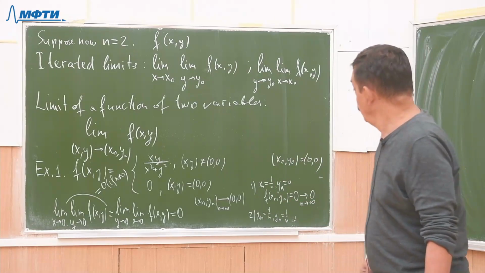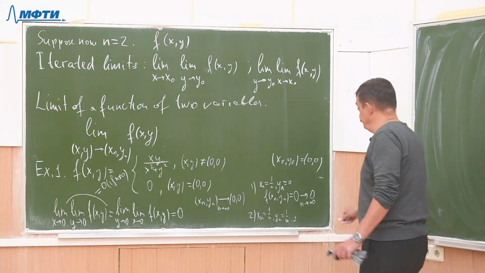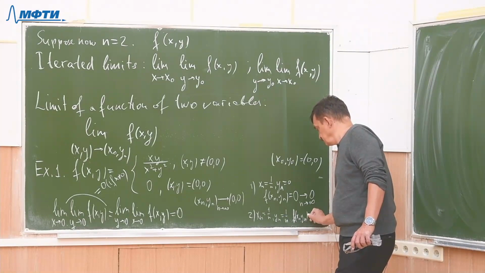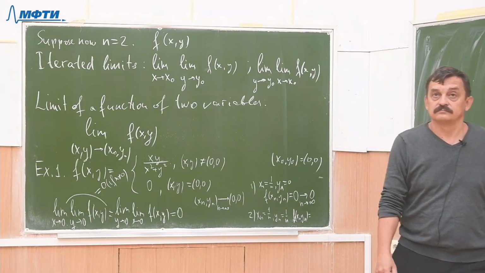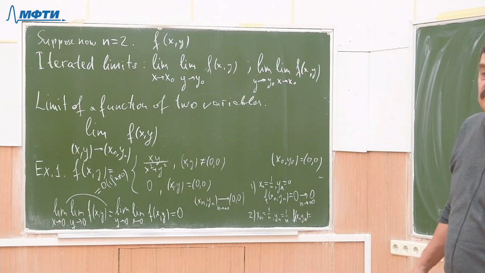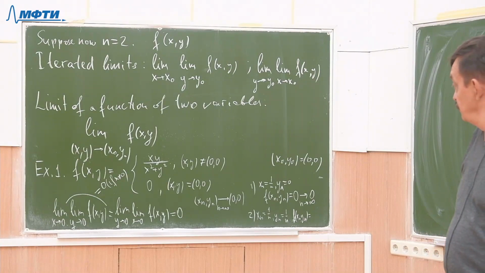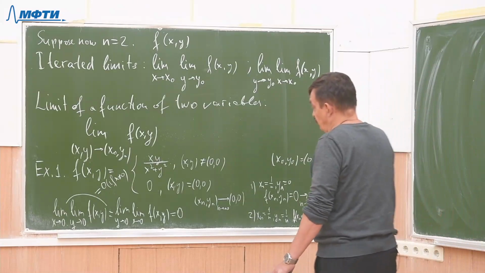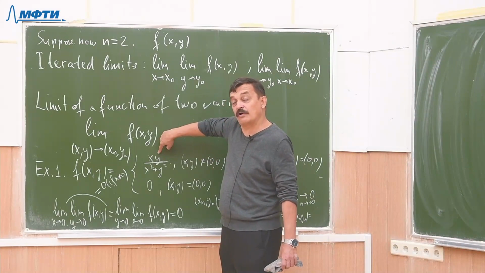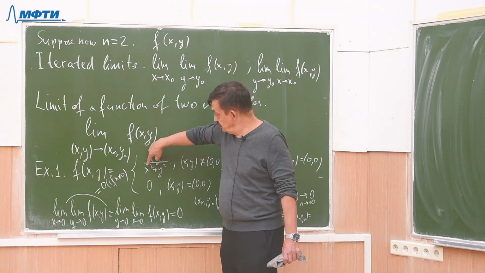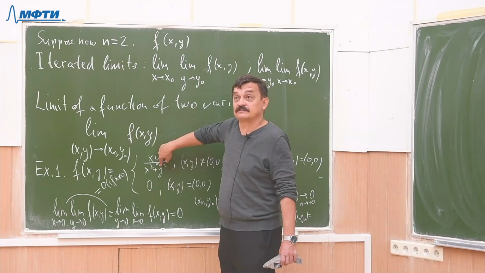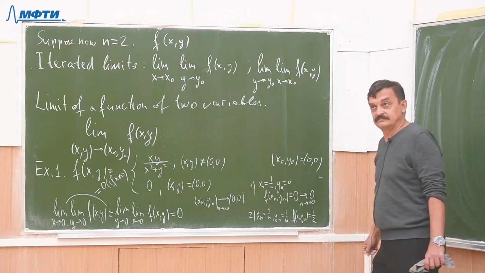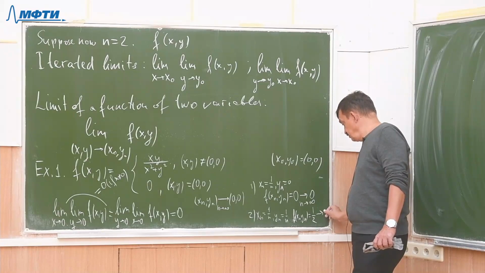Now, what happens with f? Substitute 1 over n, 1 over n. Here we have 1 over n squared, here we have 2 over n squared. The result is 1/2, which tends to 1/2.